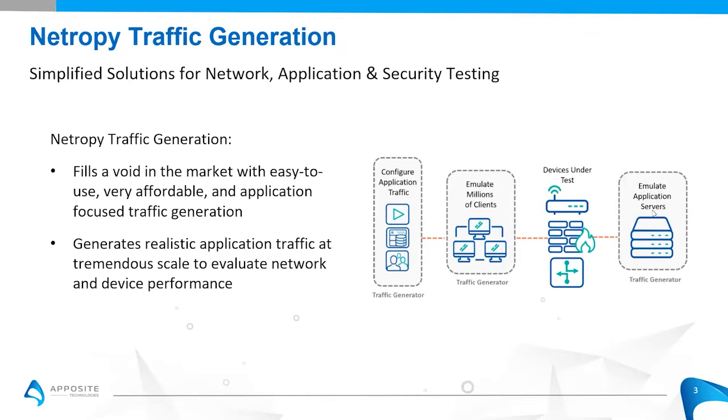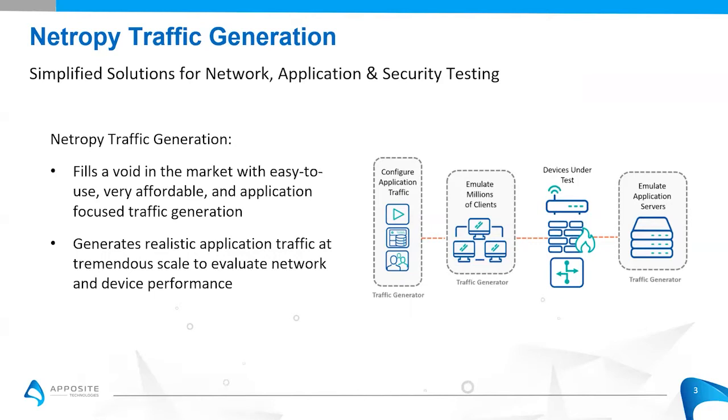We can also do the servers. So we can create a situation where we generate application traffic, emulate many clients running this traffic, sending it over your network, and then we can also emulate the server side as well.